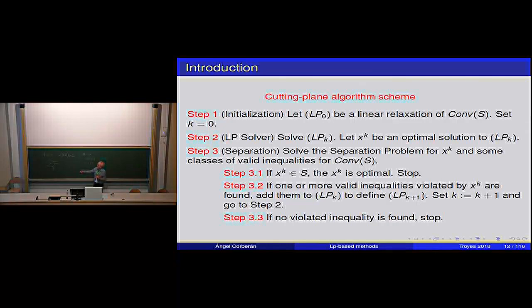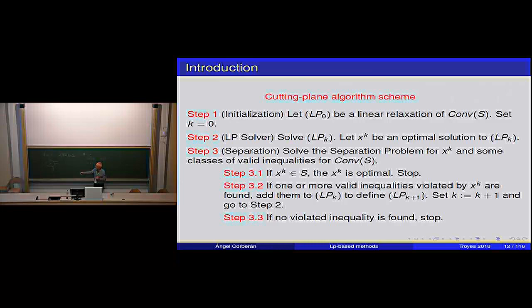Otherwise, if one or more valid inequalities violated by the linear solution are found, we add them to the linear program at hand to create a strengthened one, we solve it, and so on. If no violated inequality is found, then we have to stop.